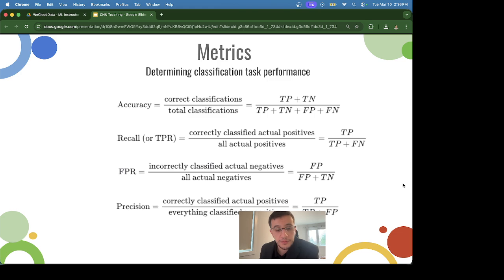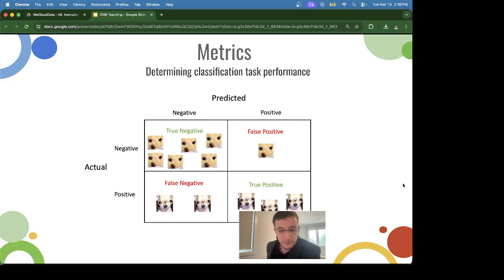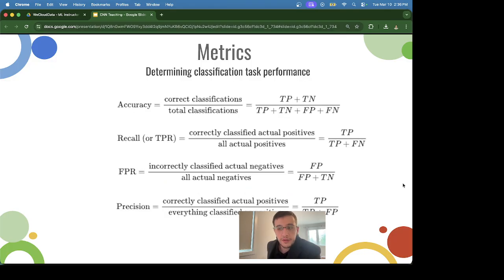Now, these are the four main metrics we can use, which we can see are combinations of the ratios that we learned previously. And the metric you want to optimize for depends on your data set, or depends on your task. Let me tell you why it's really important.